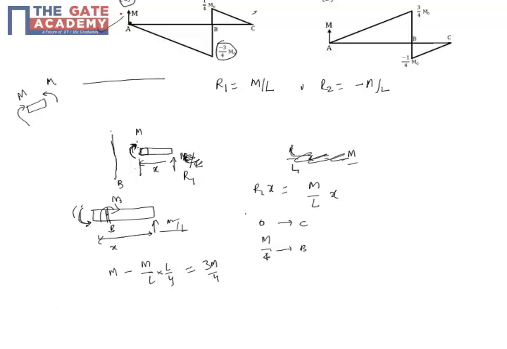We started from the right, took a section between B and C, and found the equation M x by L, from which it is clear that it's a straight line, 0 at C and M by 4 at B. Then take a section just left of B, and the bending moment drops suddenly to minus 3M by 4 because of the clockwise moment M, and then it has to go to 0 at A, so you can just join. So C is the answer.